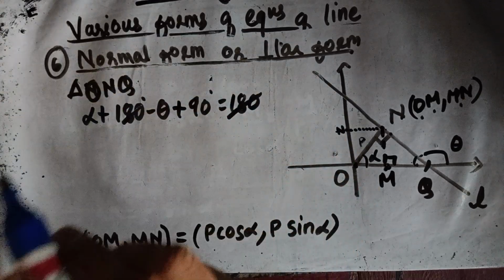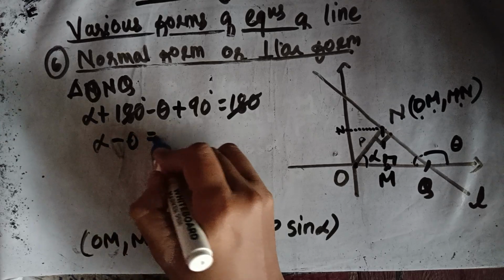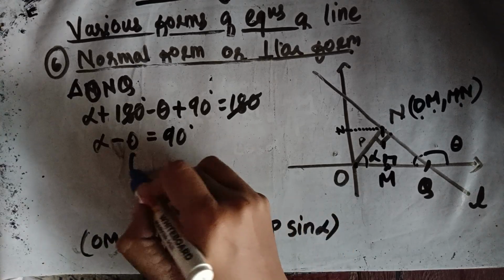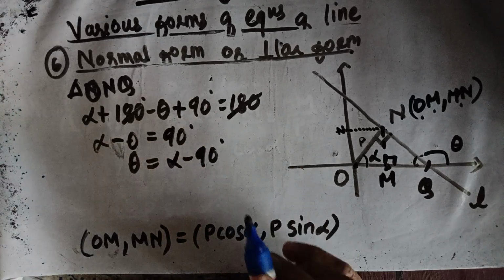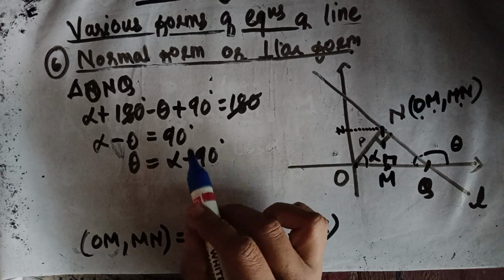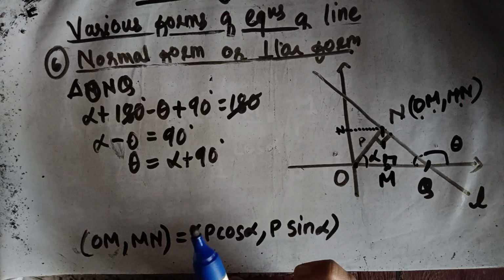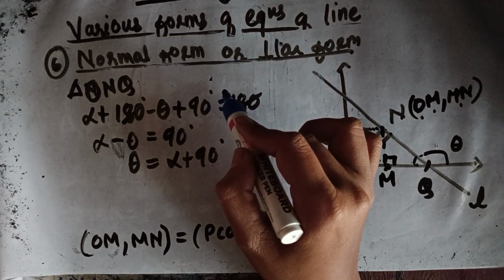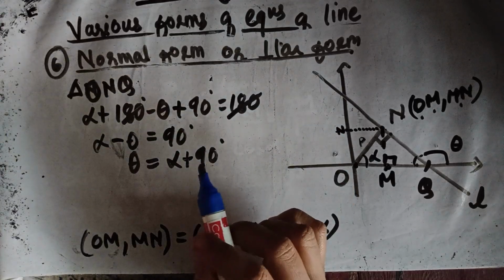So this 180 and this 180 cancel. So alpha minus theta is 90 degrees. Okay. So theta is alpha plus 90.